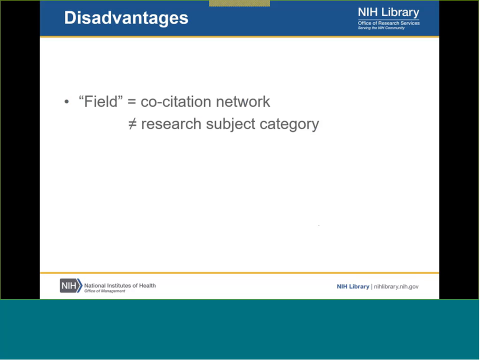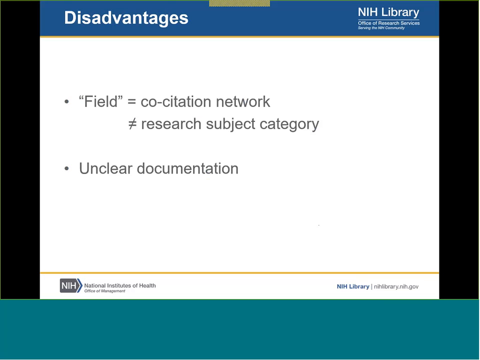So you won't be able to say that the citations that I receive are 5 times better than the average citations in the field of epidemiology or biochemistry. You won't be able to say that because you just don't know what kind of subject category it is. You only know that it is a co-citation network.